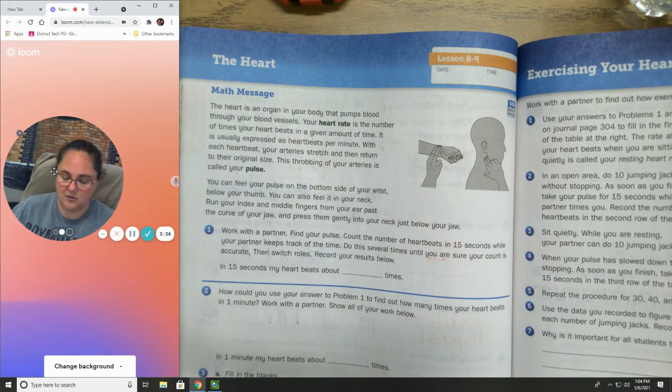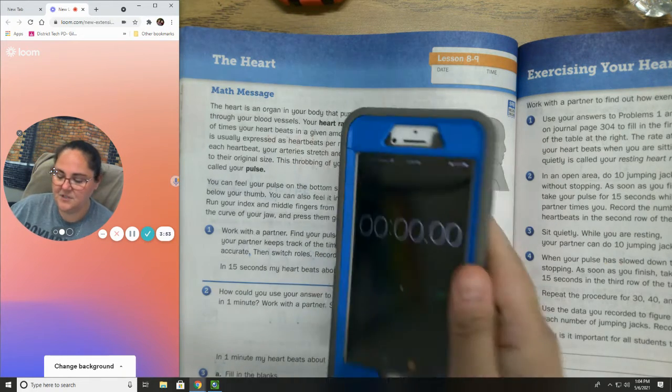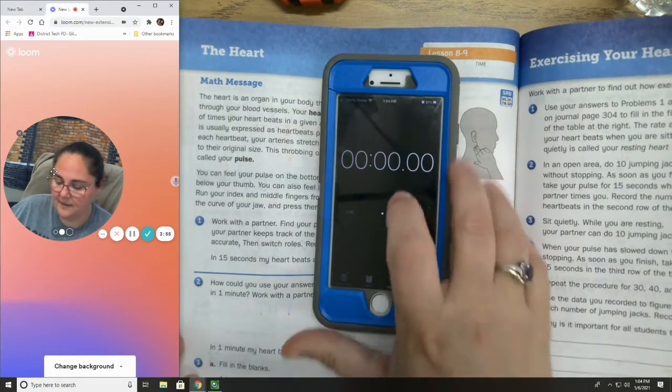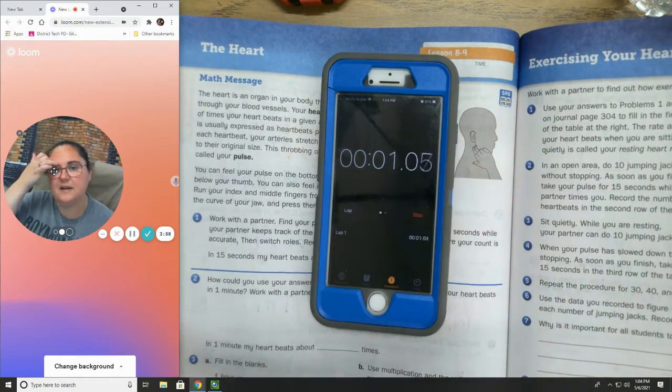Okay, so I'm going to pull up my little clock on my phone, and I'm just going to use the blank timer here. I'm going to keep it going so I can see.